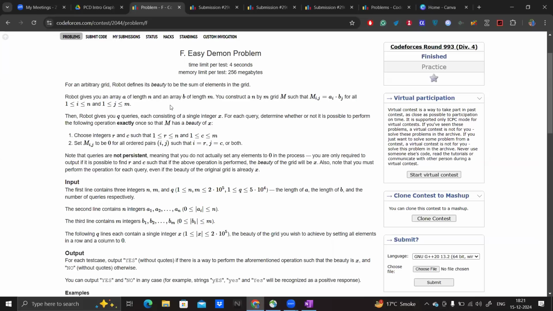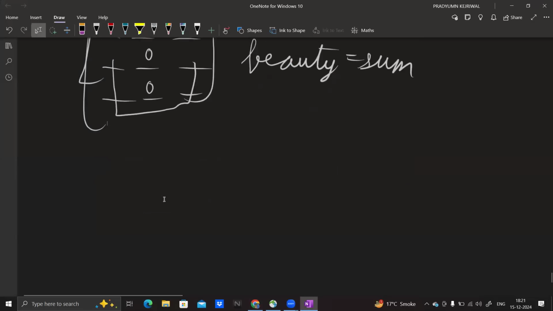What we can think about is, how I did it is that I calculated, for some r and c, what would be the effect.